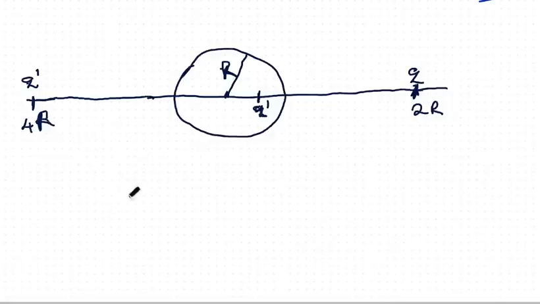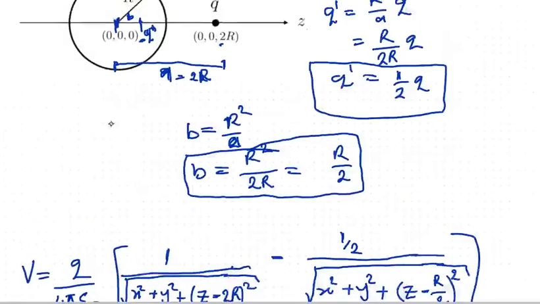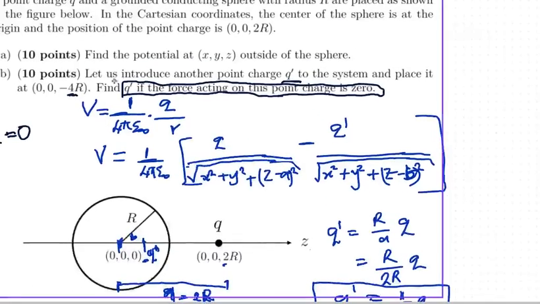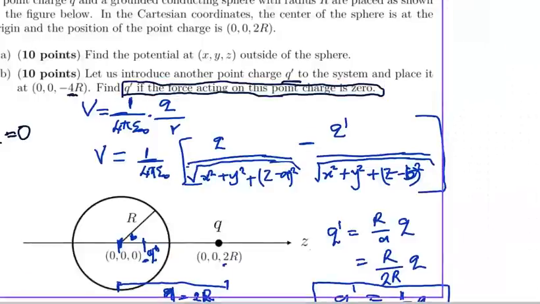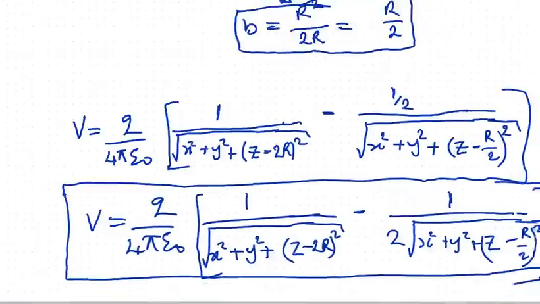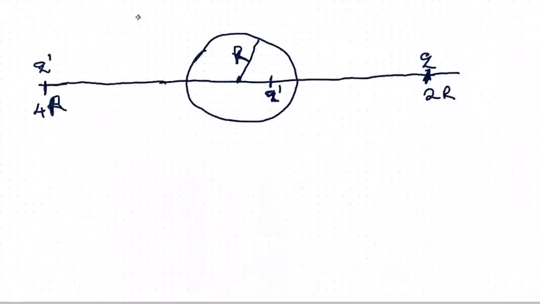Okay, we are asked to find the charge q prime, introduce this and place it there, such that the force acting is 0. So to complete this diagram, we need to place another image charge here, q. Let's assume we placed it somewhere at 1 over 4r.